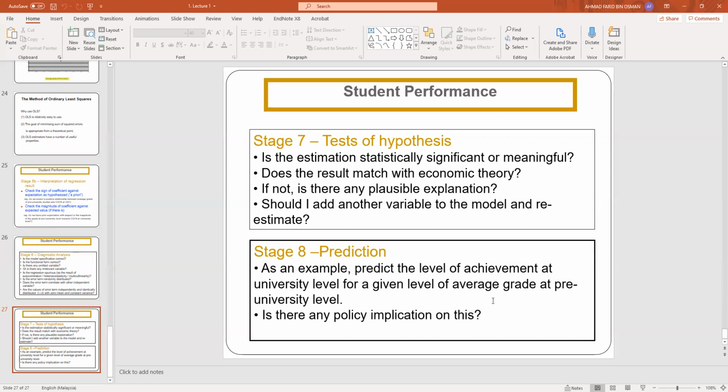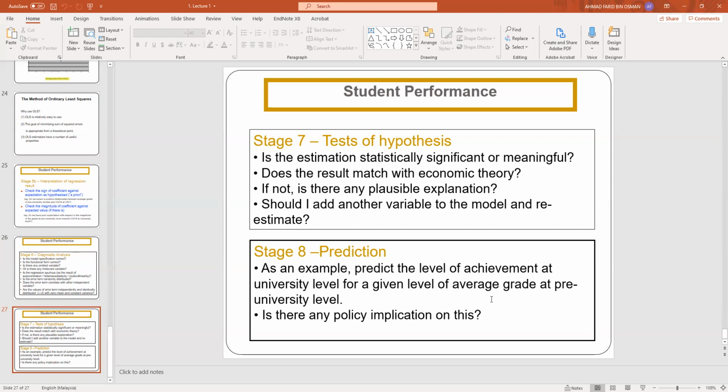So for example, let's say based on the model, it suggests that those who obtain a CGPA at pre-university level lower than 3, we predict them to have a CGPA at the university level lower than 3 as well.